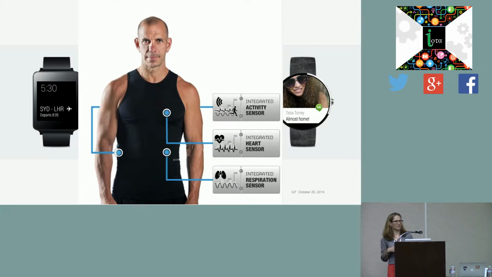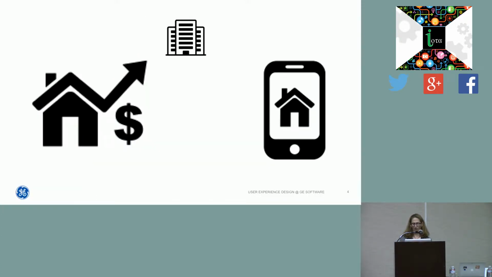This is a really cool vest being used in hospitals right now that can give biometric data. We also think about connecting objects like Nest. I want to see what's going on with the energy consumption in my house or buildings, and see it on a phone so that I can adjust it.